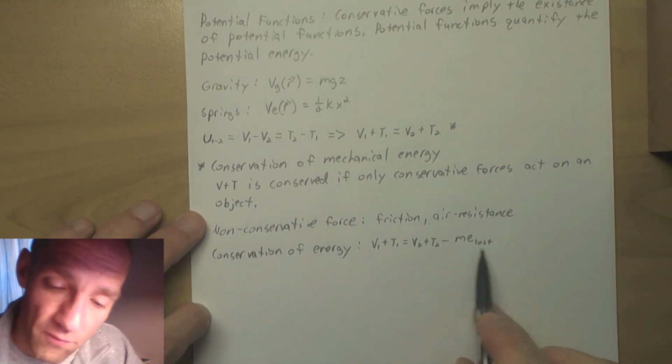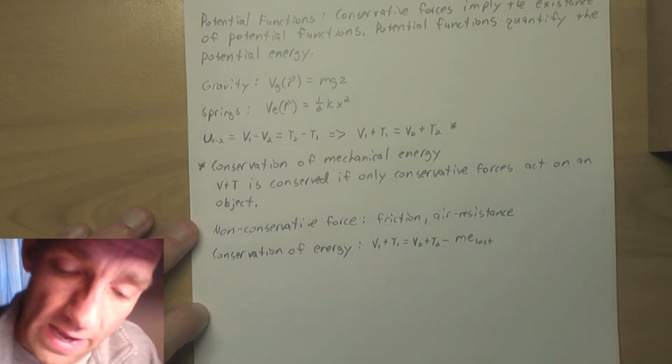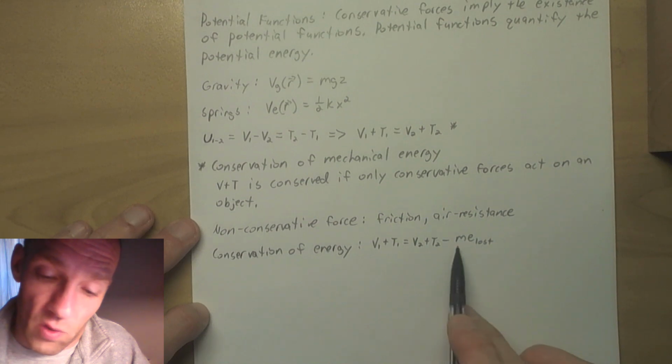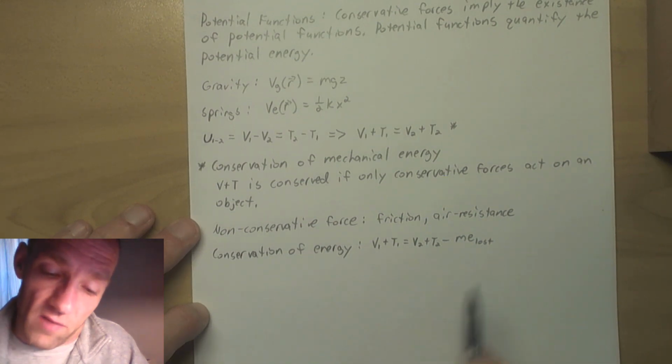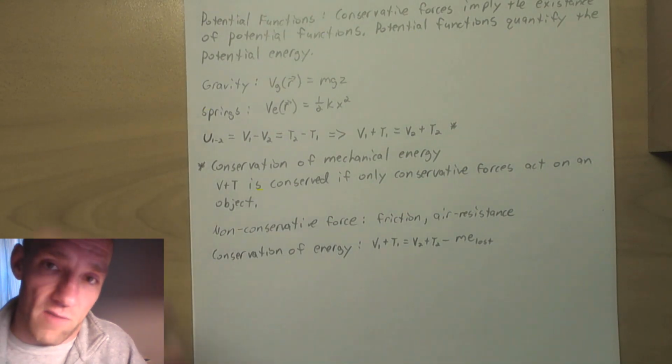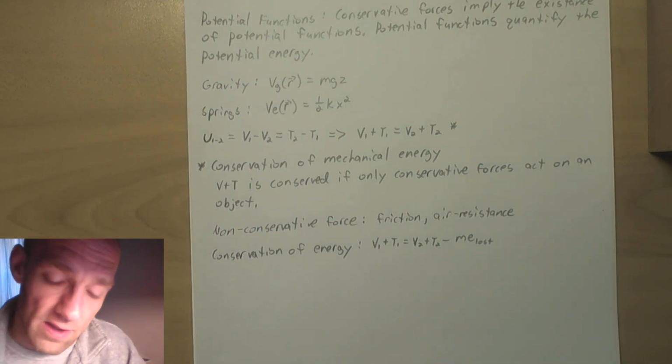So if you can account for that lost mechanical energy in the form of heat or something along those lines, then this would be like the full conservation of energy. You have to account for that energy that's converted by some other means.